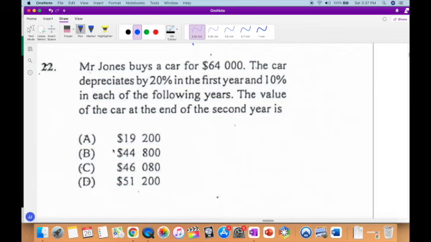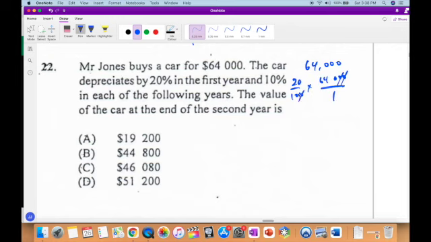Mr. Jones buys a car for $64,000. The car depreciates by 20% in the first year and 10% in each of the following years. The value of the car at the end of the second year is what? So $64,000 is the price of the car, and it'll depreciate by 20%. So we'll find 20% of 64,000.